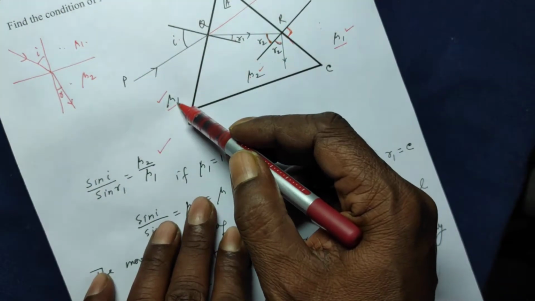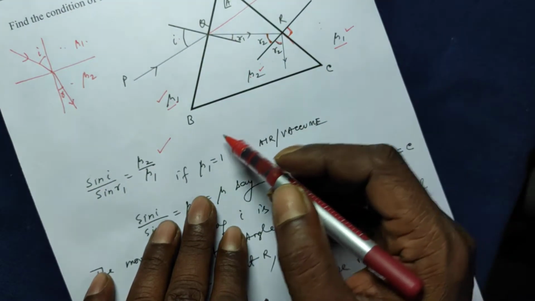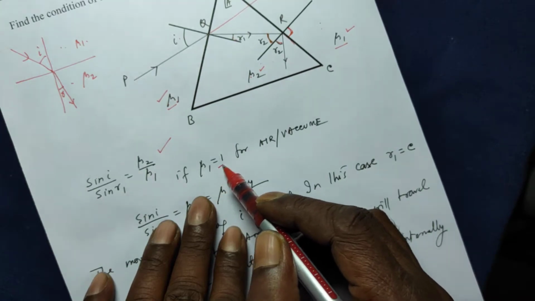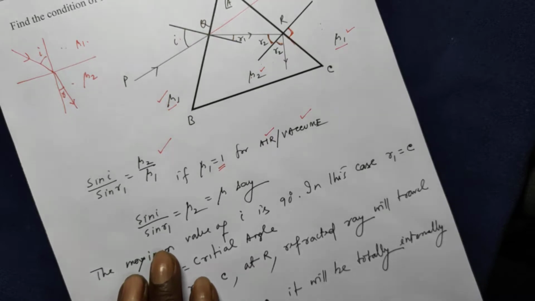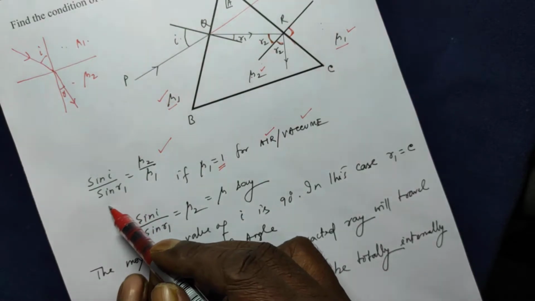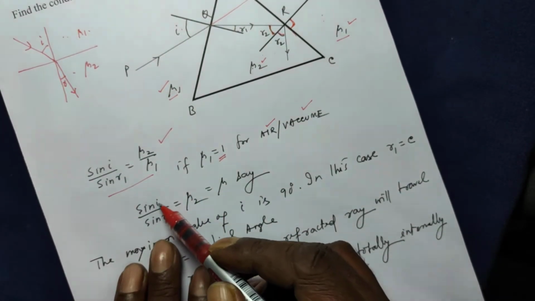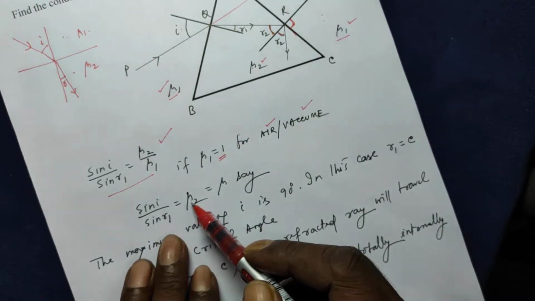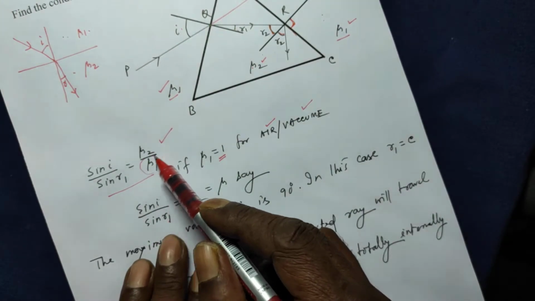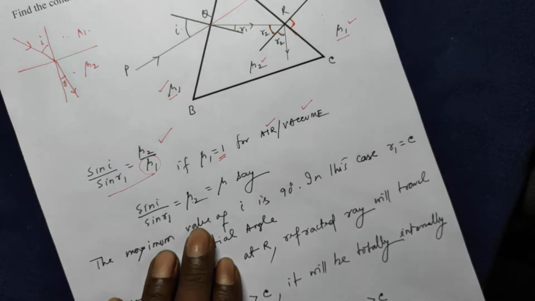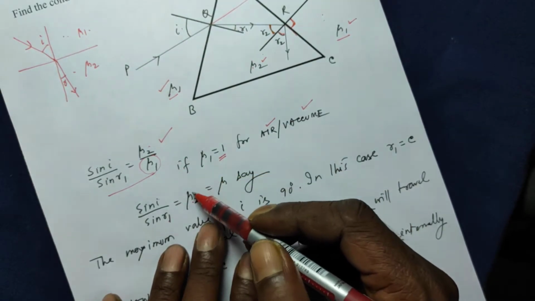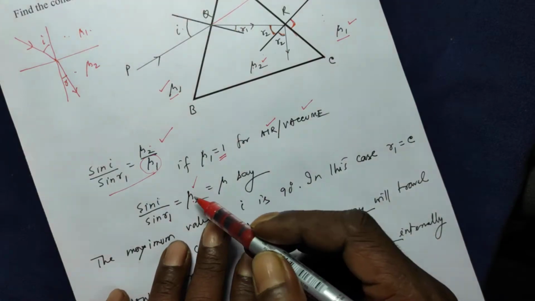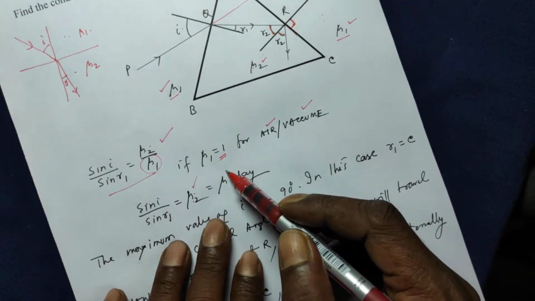Now, if mu1 is vacuum or air, then I can take mu1 as 1. So I should rewrite this equation as sine I over sine R1 equals mu2, because mu1 is the rarer medium, air, 1, so mu2 over 1 is mu2. Let mu2 be represented as mu, right?